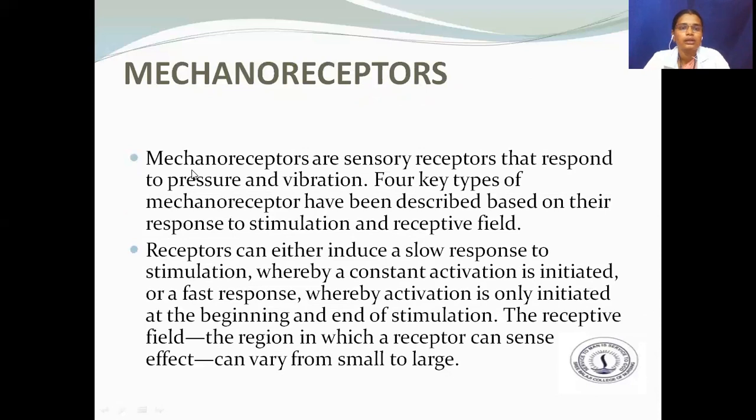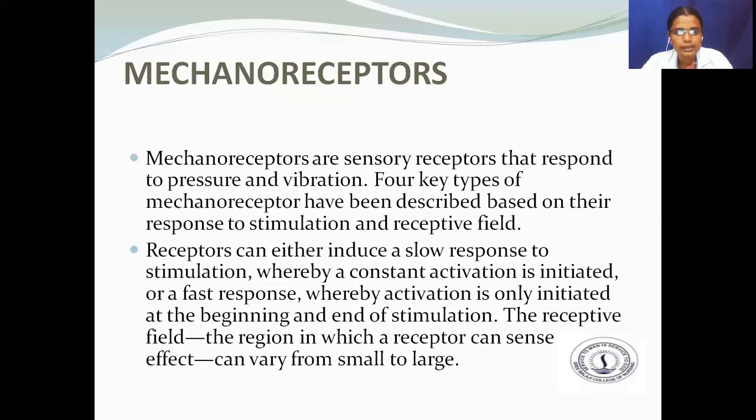Next one is the mechanoreceptors. Mechanoreceptors are sensory receptors that can respond to pressure and vibration. Four key types of mechanoreceptors have been described based on their response to stimulation and receptive field.